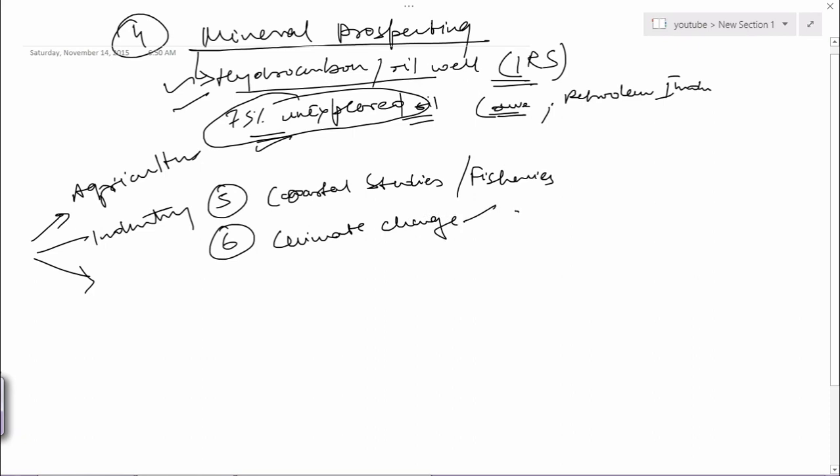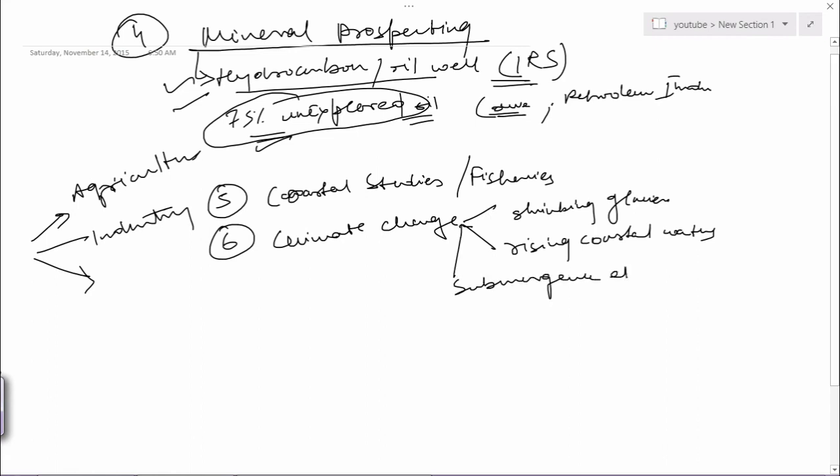You can find out about shrinking glaciers, rising coastal waters, submergence, etc.